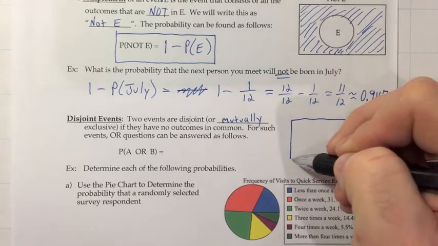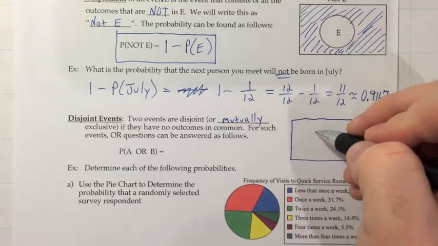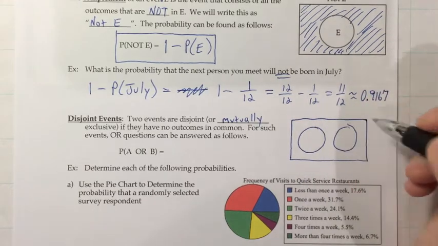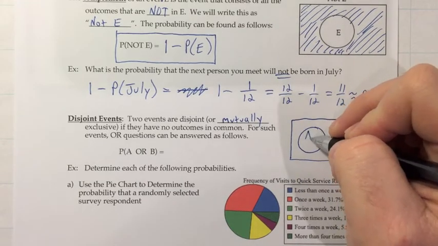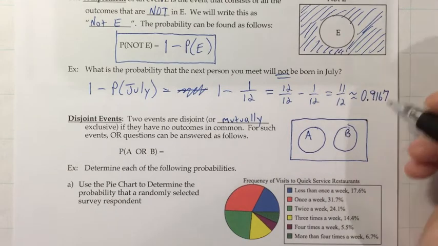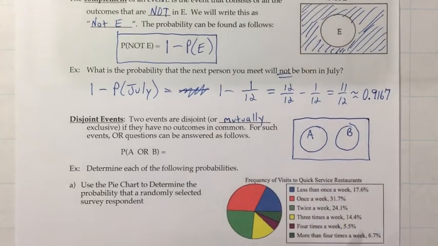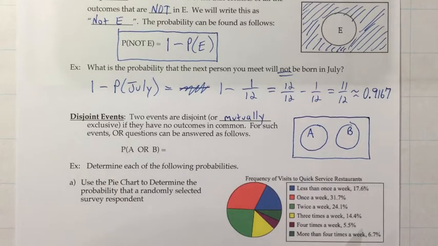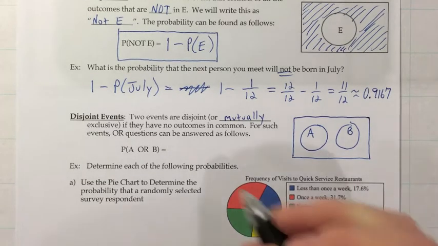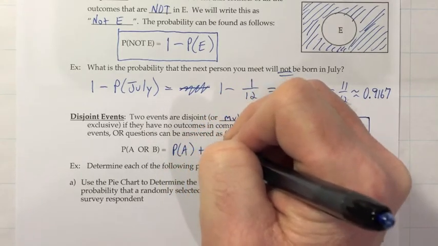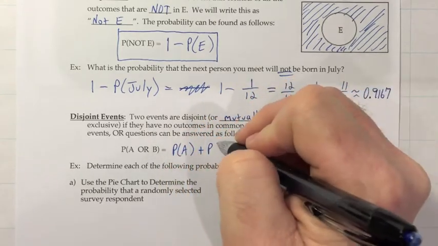If we drew a Venn diagram, disjoint events are separate. There's no overlap. So you have an event A over here, and you have an event B over here, but there's no outcomes in common, so there's no overlap like we talked about with our Venn diagrams earlier. And when that's the case, it turns out that you can just do the probability of one of them and add the probability of another one.